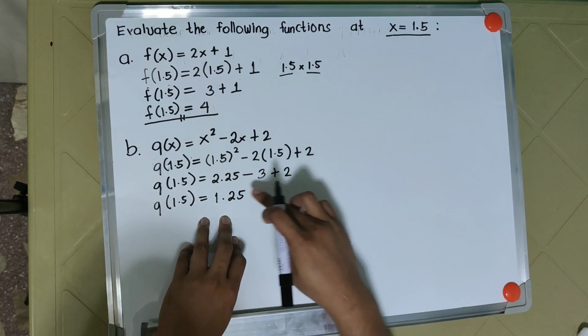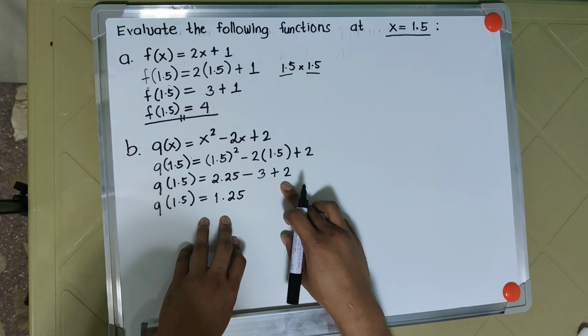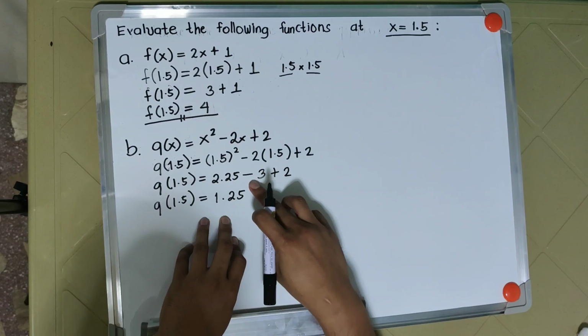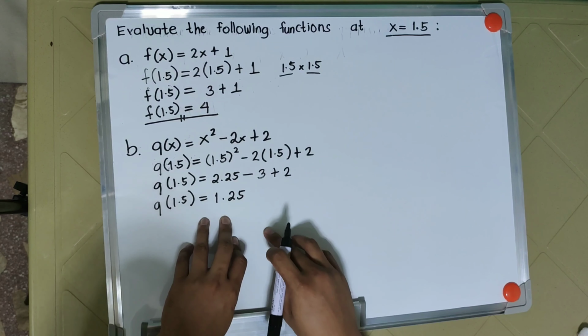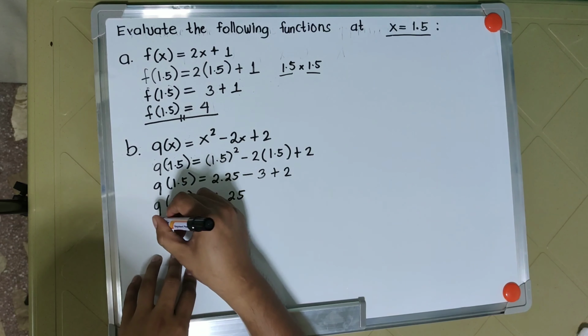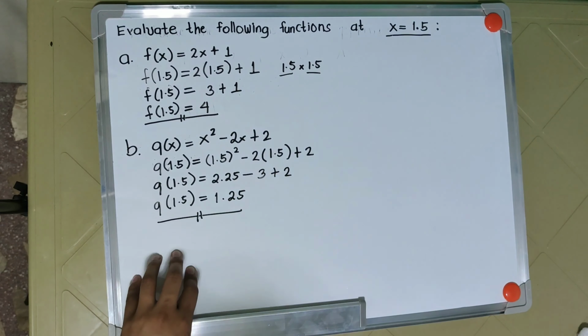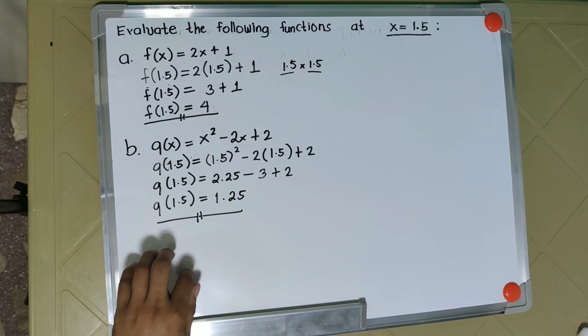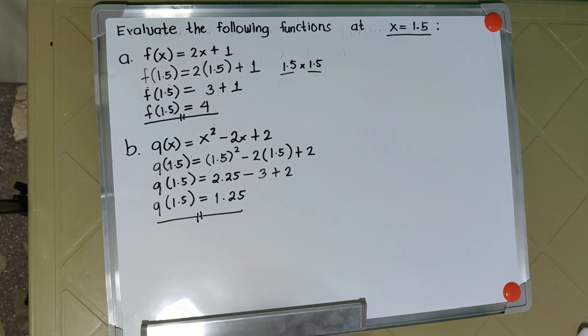Again, 2.25 plus 2, that is 4.25. And 4.25 minus 3 is 1.25. Therefore, our Q of 1.5 is equal to 1.25. As simple as that. That is how we are going to evaluate the functions.